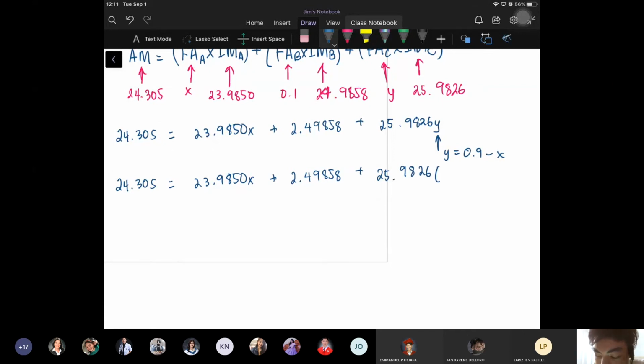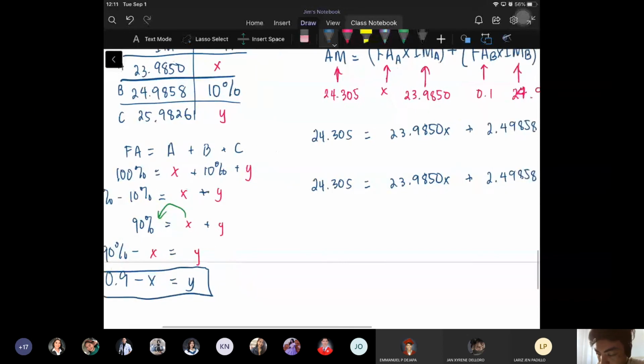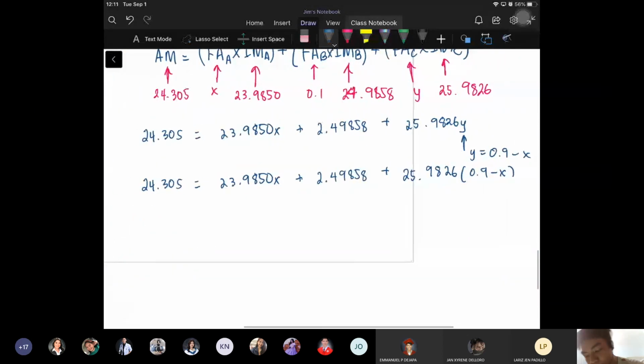We defined Y as 0.9 minus X. Where did that come from? From the fractional abundance. Then, what's next? We're going to distribute the coefficient to the binomial term inside.